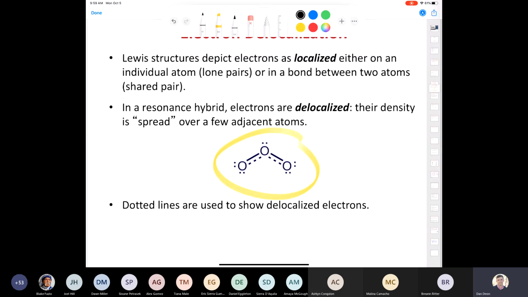Instead of, I'll just draw one of the resonance structures, which looks like this, okay? Since these two electrons are shared here and here, they kind of remove that bond. Let me show you. You delete that, and then you say those two electrons are shared like that by that dotted line, okay? That's a resonance hybrid.